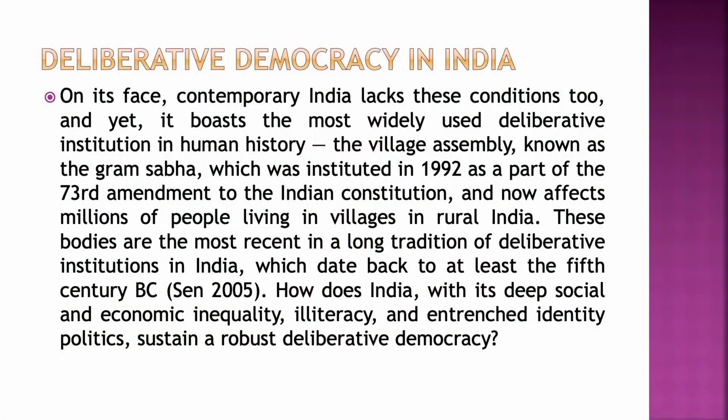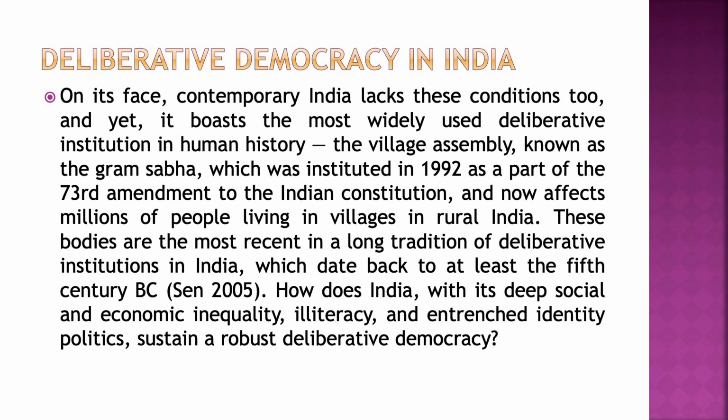Now, interestingly, on the face of it, contemporary India lacks these conditions. At the same time, it boasts the most widely used deliberative institution in human history, the village assembly, known as the Gram Sabha, which was instituted in 1992 as a part of the 73rd Amendment of the Constitution, and now affects the lives of millions of people living in villages in rural India.